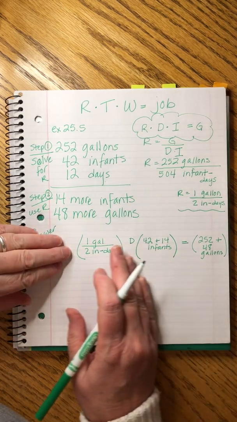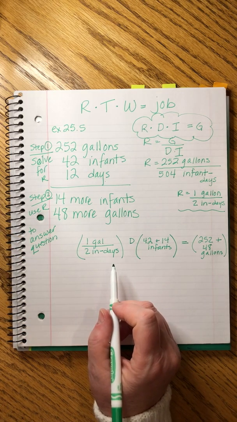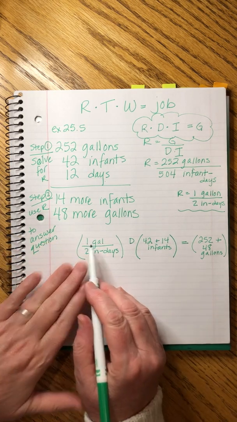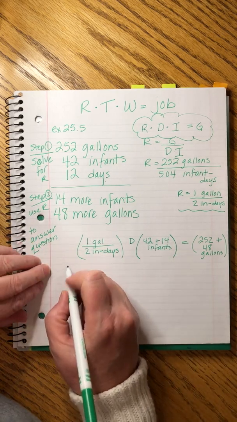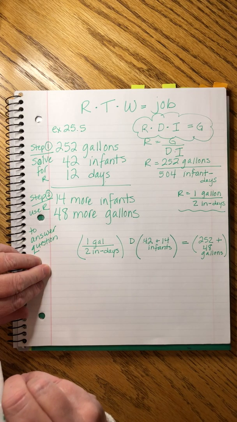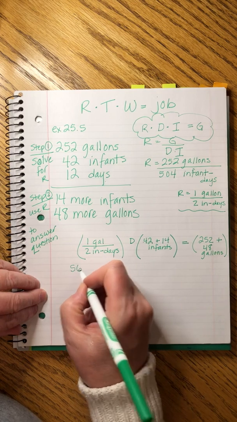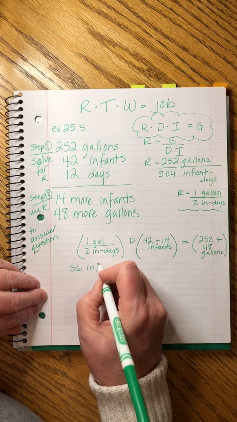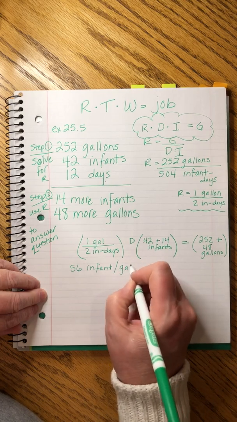So now what I'm gonna do is squish this together because these are all being multiplied, right? So I'm gonna write 42 plus 14 is 56 times 1, 56 infant gallons.